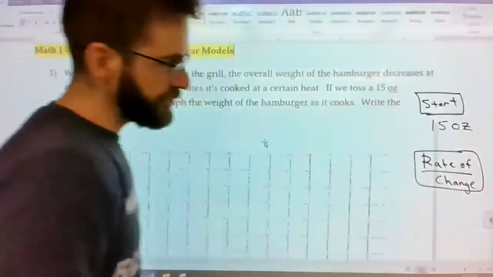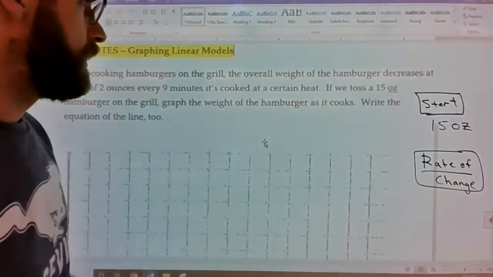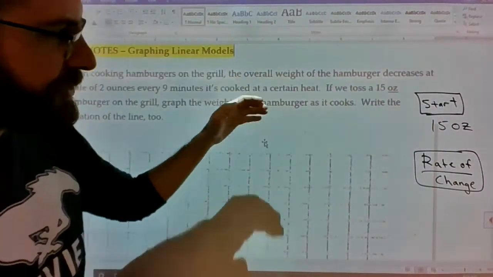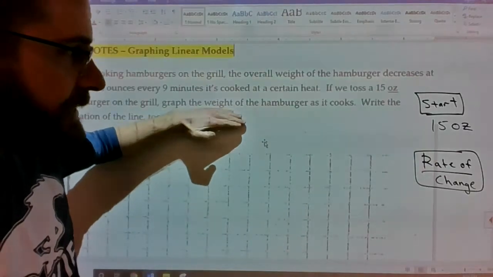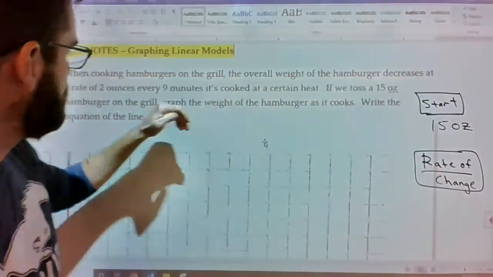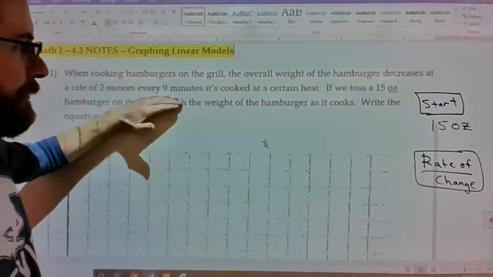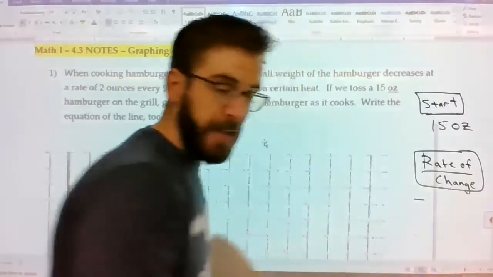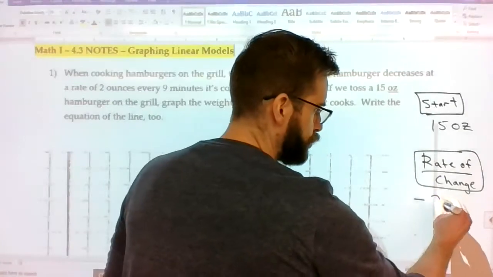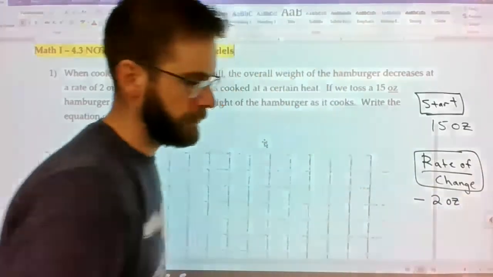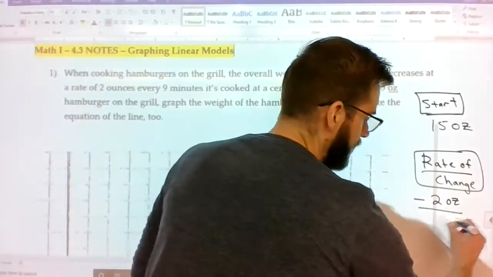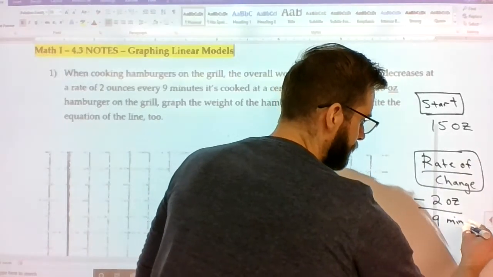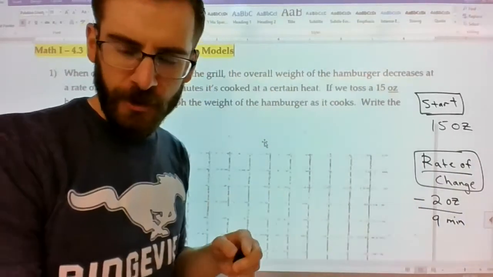The rate of change looks like it's the rate at which the weight decreases. It decreases 2 ounces every 9 minutes. So you're going to go negative, because it's decreasing, 2 ounces per 9 minutes. Remember, ounces goes on top, minutes goes on the bottom.